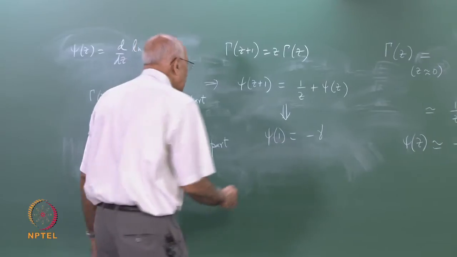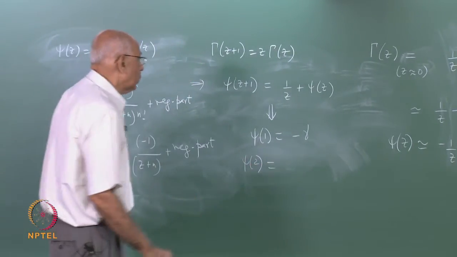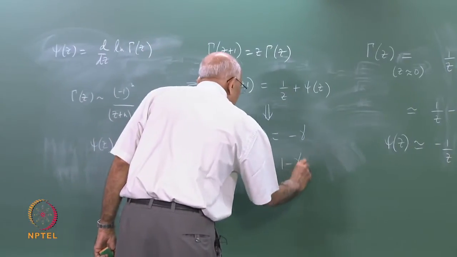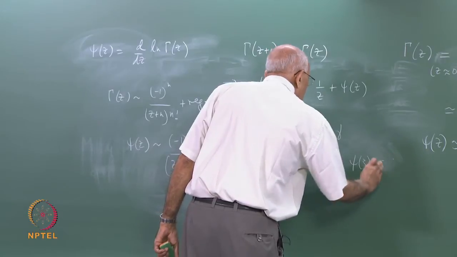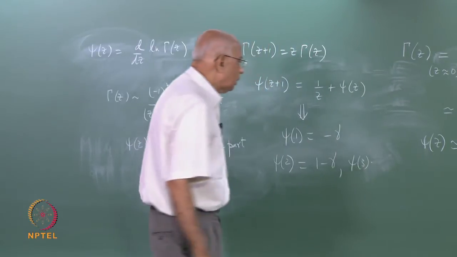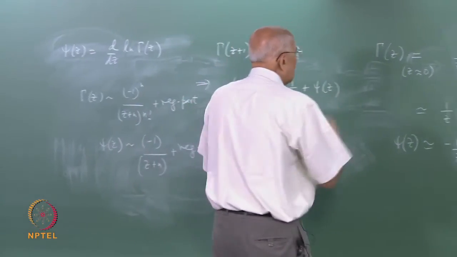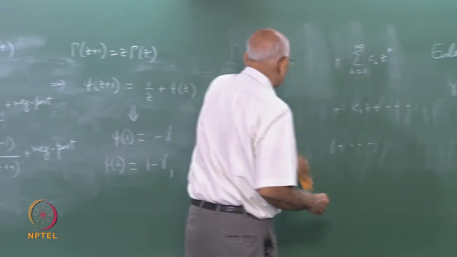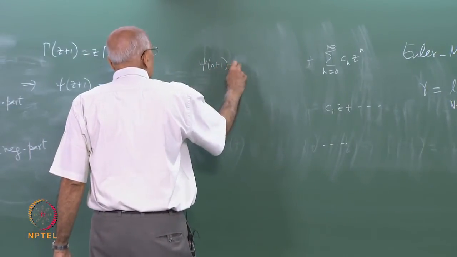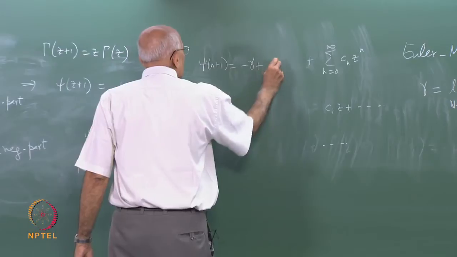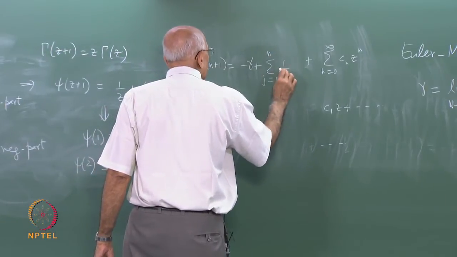That will of course immediately tell you what psi of 2 is. It is 1 minus gamma, and therefore psi of 3, etc. So every one of these numbers, you can write down psi of n as minus gamma plus the summation j equal to 1 to n of 1 over j.